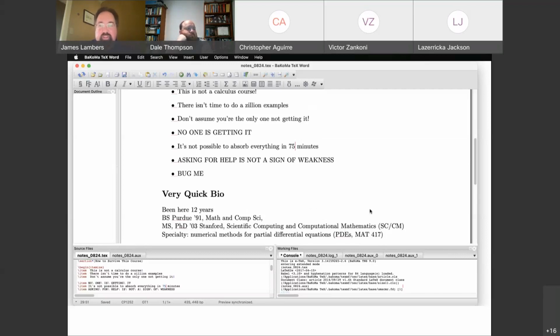So it was a blend of numerical analysis, this topic, and applied mathematics and computer science. My research specialty is the numerical methods for partial differential equations. The class we have on that is Math 721 that I recently created. Those of you who have taken Math 417 or 517 learned about PDEs in that class.